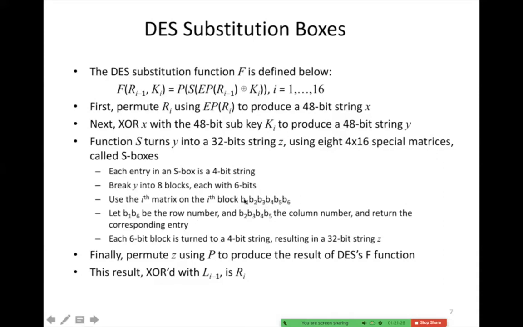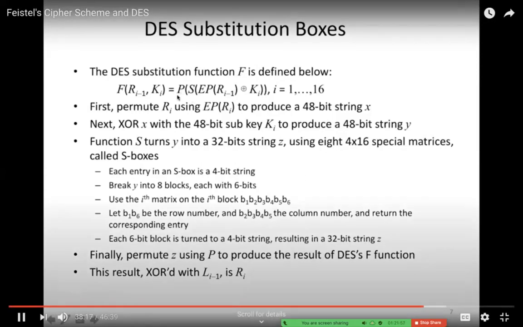In this case, we use the first bit and the last bit as the row number, and the middle 4 bits as the column number. You do a table lookup, get the entry, and that will be the value of S on the i-th block. Then you get a 32-bit output, and then you apply P. This is a permutation that still gives you a 32-bit output.